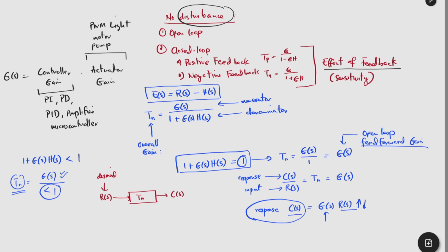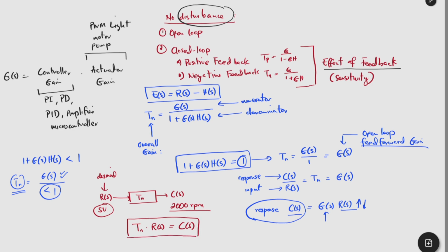For example, if we have 5 volts as an input, with which we want to control the output, for example a speed, and these 5 volts must correspond to, let's say, 2000 rpm as the speed. To achieve 2000 rpm, we should have a constant transfer function multiplied by R(s), and we get C(s), which is the response.